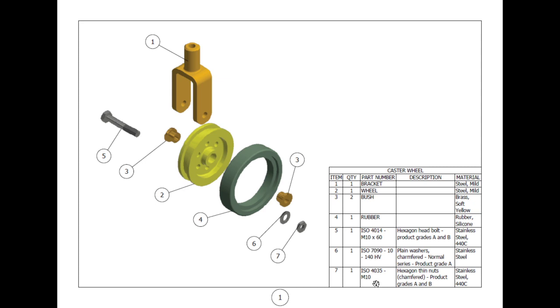We have thousands of standard parts in our Inventor libraries that we can insert into our assembly and ready to use. So we'll model our custom parts only. We'll model the bracket, the wheel, bush, and rubber. So we have 4 parts in this project to model.